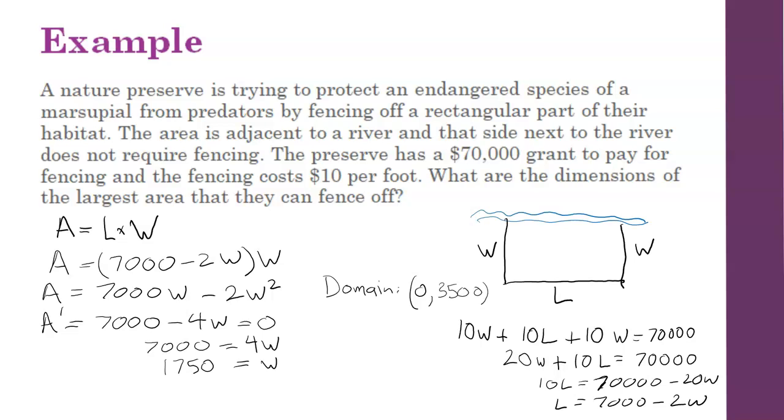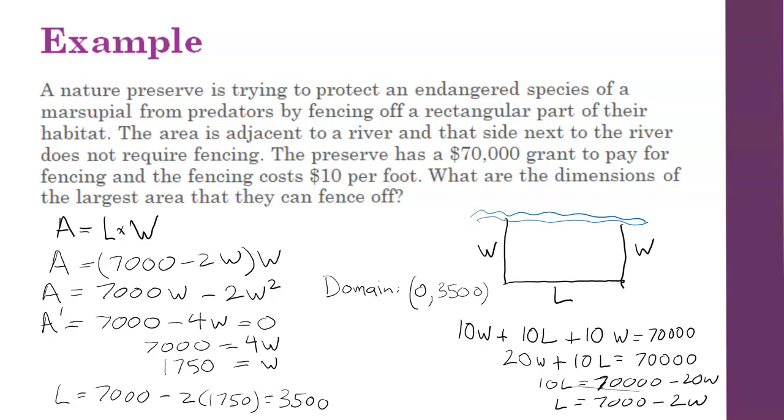And the next thing I need to do is go ahead and also find the length, because I was asked to find the dimensions. So the length is going to be 7,000 minus 2 times w, right? So I'm using this equation that we had earlier, 2 times 1,750, and 7,000 minus 2 times 1,750 is equal to 3,500.